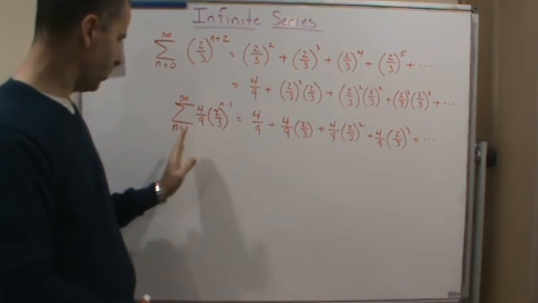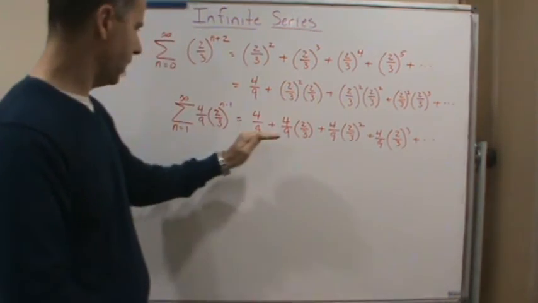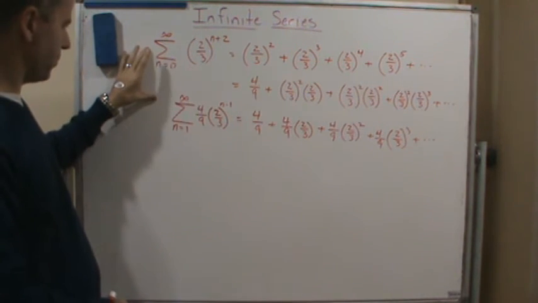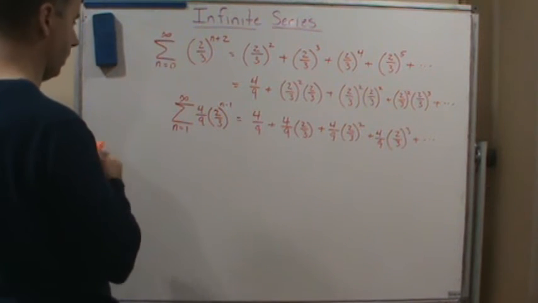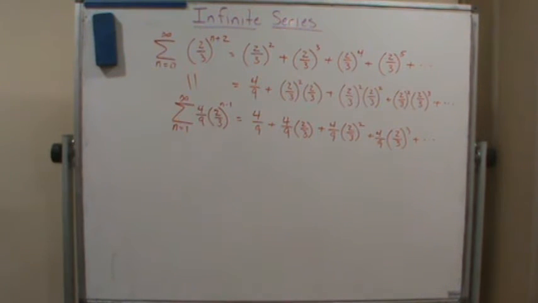So yes, this is the same as this, which is the same as this. So these two sequences are the same, and so it's a geometric series where A is 4/9 and R is 2/3.